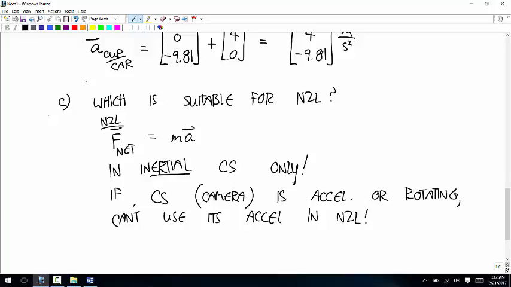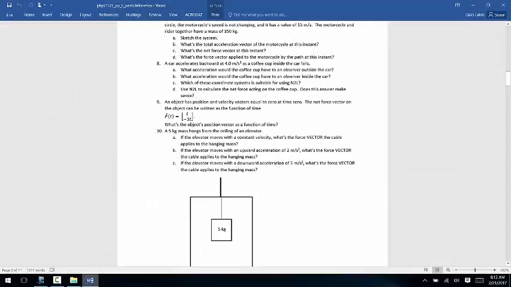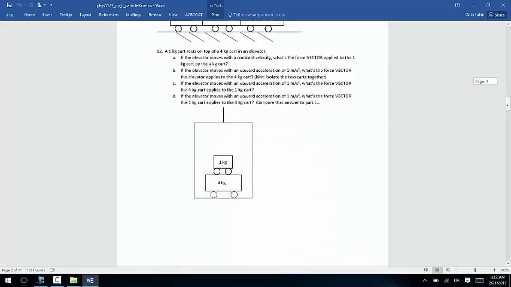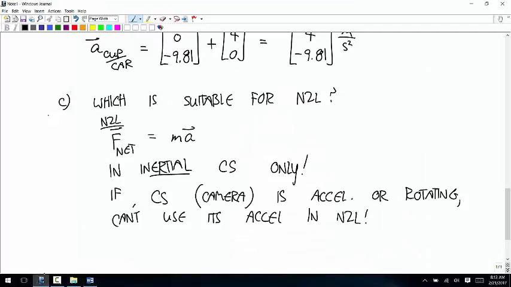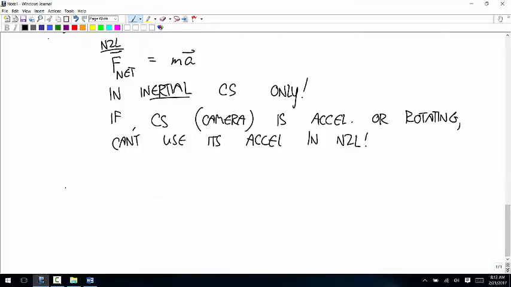And then part D. Use Newton's second law to calculate the net force on the coffee cup. Well, this is going to be sort of underwhelming.